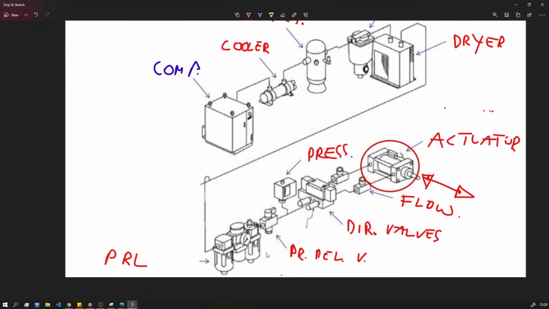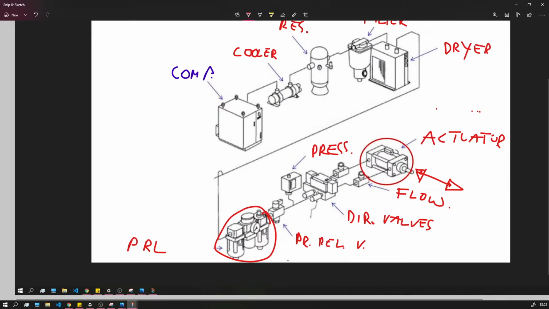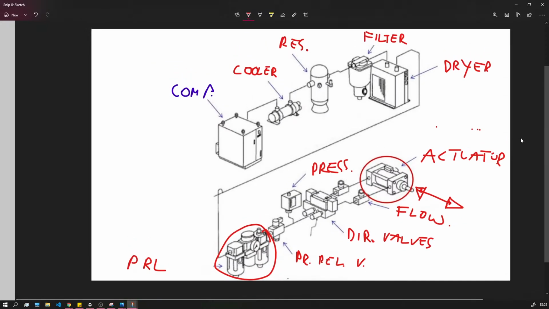And we can have additional dryers in this. There are lots of options we can add here, but basically we have a block that preconditions the air. That's the overview of pneumatic systems and the most common elements in the pneumatic systems.